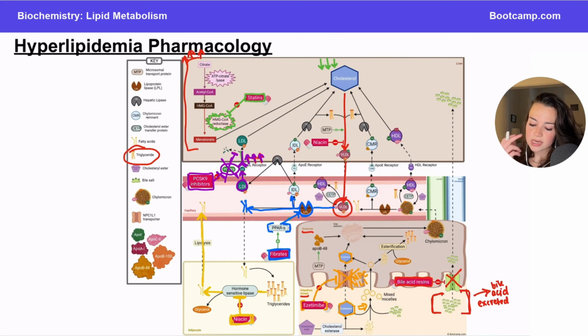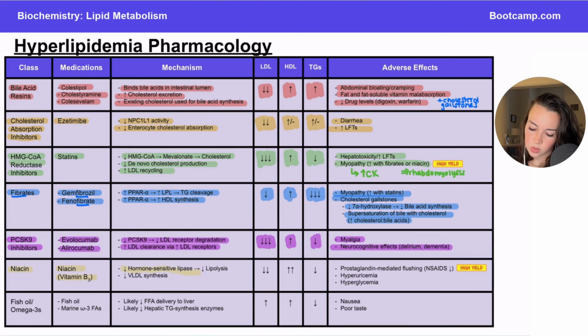So obviously, if we are inhibiting the activity of hormone-sensitive lipase by using niacin, we are decreasing lipolysis. The other thing that niacin does is it inhibits the formation and packing of VLDL. So niacin is going to decrease lipolysis by decreasing the activity of hormone-sensitive lipase, and then it will also decrease VLDL synthesis.